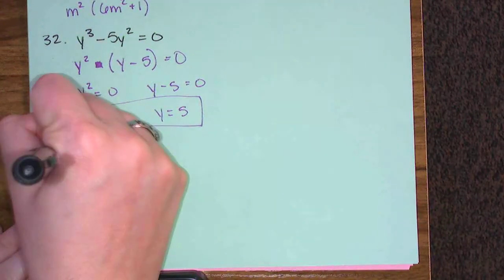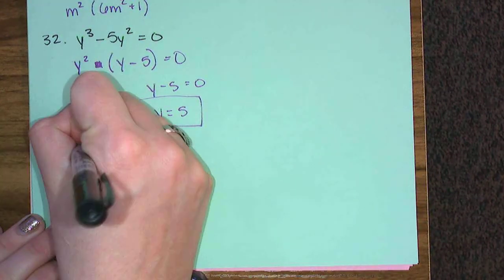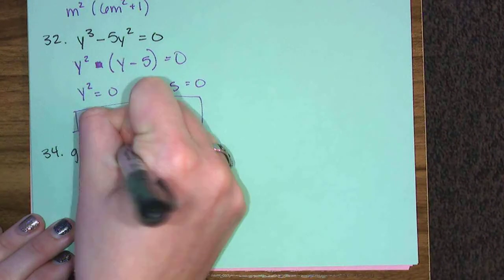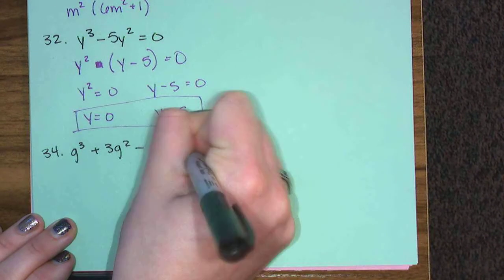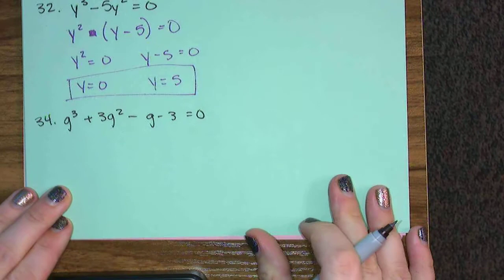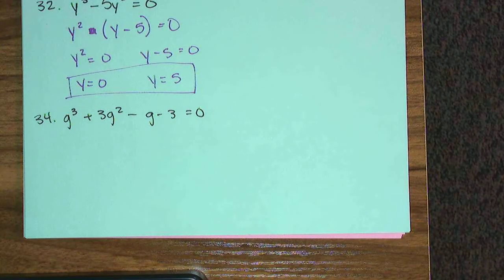Let's see, 34. g cubed plus 3g squared minus g minus 3 is equal to 0. What should I do with this one? Yep, you can do that.